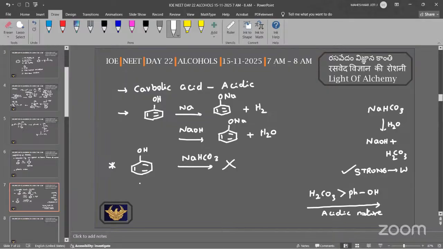Now, see what we discussed while discussing nucleophilic aromatic substitution reactions. If we introduce electron withdrawing groups, they stabilize the conjugate base. What is the conjugate base of phenol? Phenoxide ion.